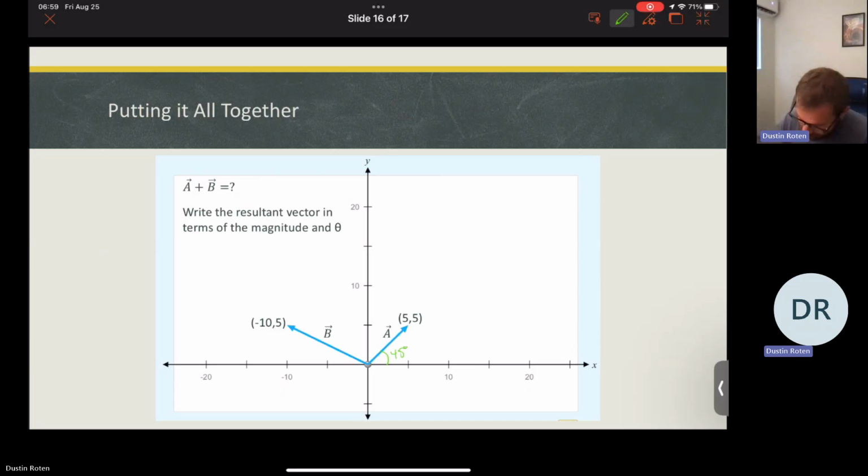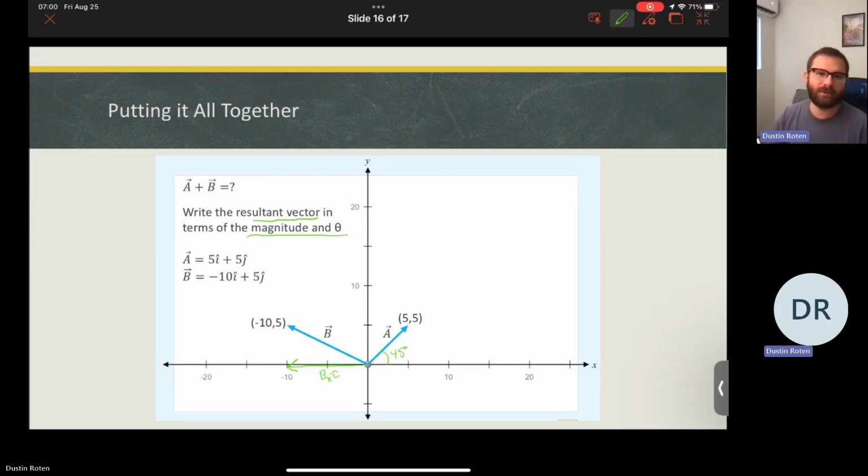So this projection, B x i hat, is going to be negative for us. Ax i hat is going to be positive. We want to add these two things together and write the resultant vector in terms of magnitude and direction. So we don't want an xy coordinate of where it's pointing to. We want to write this vector as this long with this angle. So we have some work to do here.